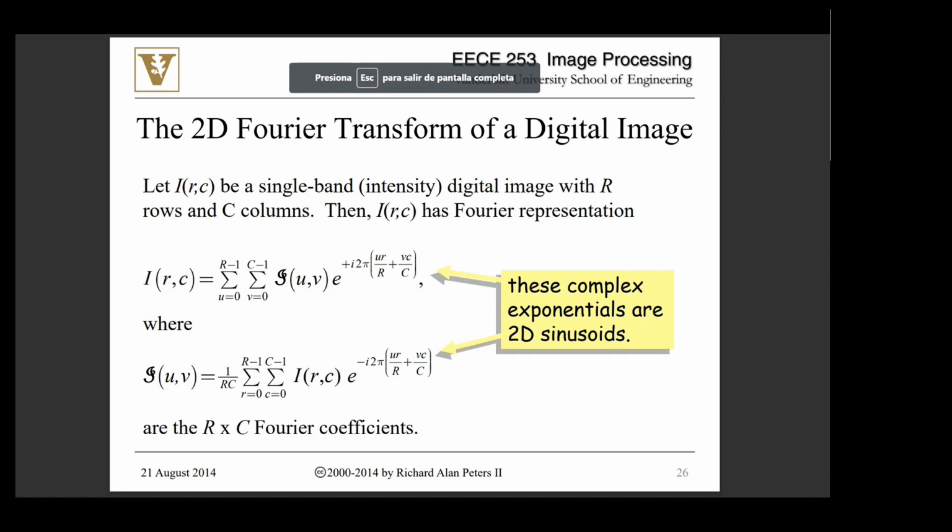We will explore all that. There's this formula. What is the name of that formula? I'm sure you have the same formula in 1D signals. So, what is the name of that?